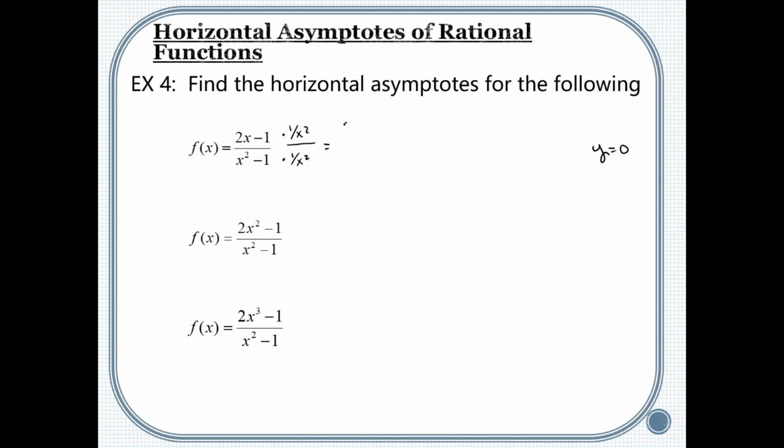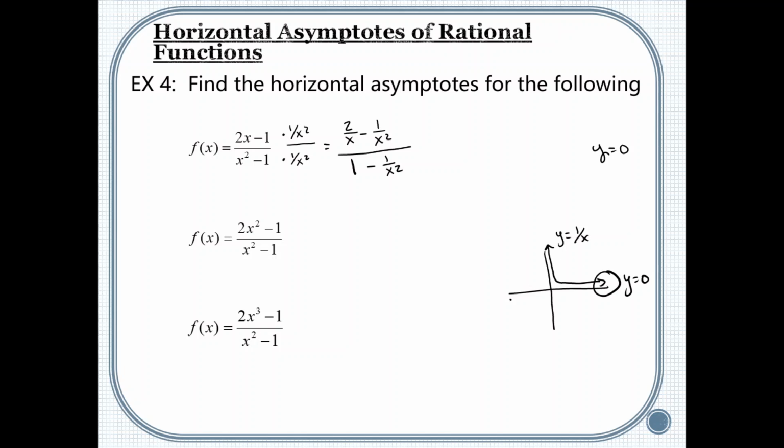So this would get me (2/x − 1/x²) over (1 − 1/x²). Now we know, as I drew that basic graph a minute ago, 1 over x goes to y equals 0. This one is a known.